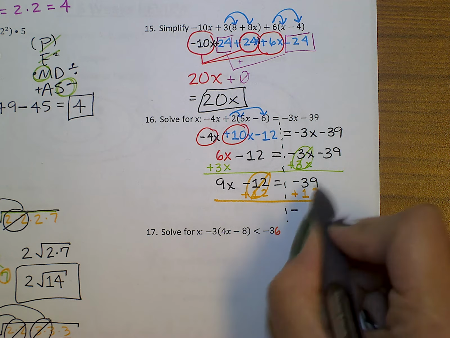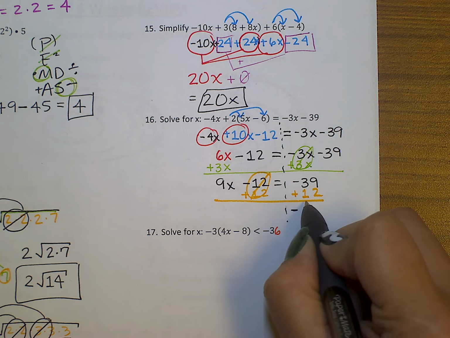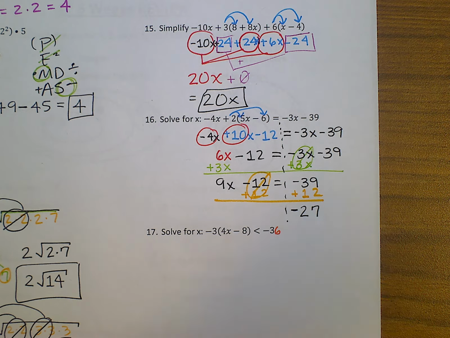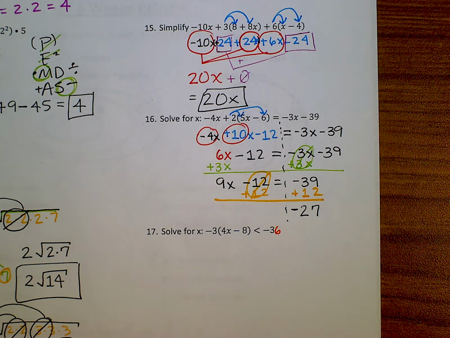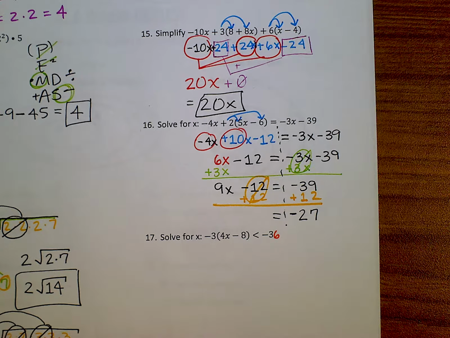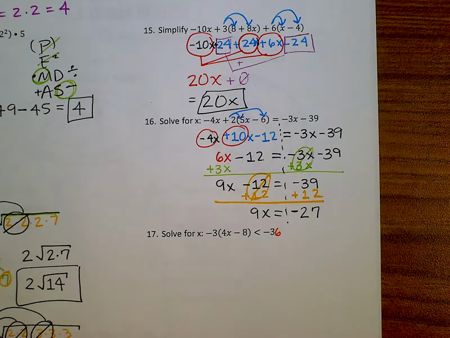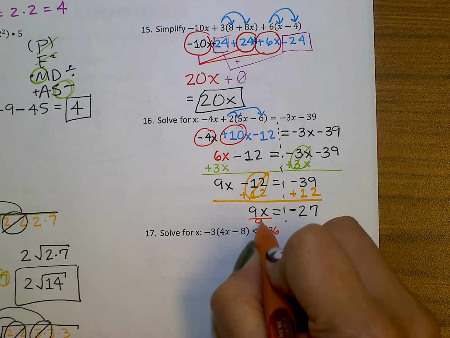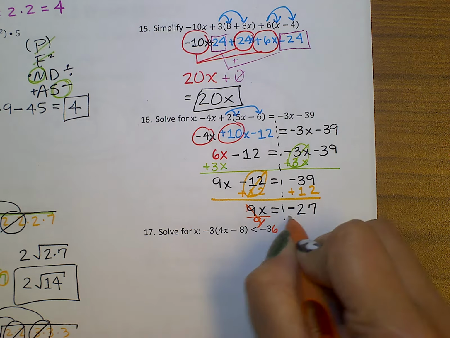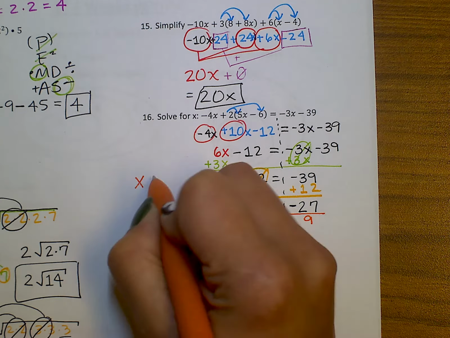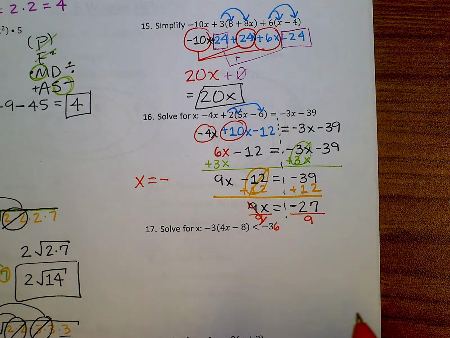So that's 9 minus 2 is 7, and 3 minus 1, that would be negative 27. Alrighty, and that should be equivalent to 9x. Ooh, running out of space here. So lastly, you want to divide to remove your constant. I want to reduce that to 1. So lastly, I'm left with x is equal to a negative 3.